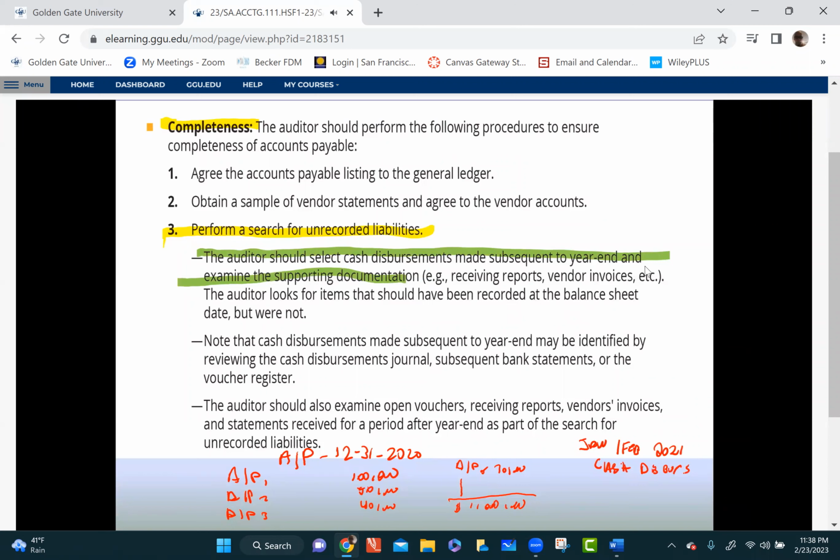Okay, that says cash disbursements. And I'll have cash disbursement 1 for 100,000, cash disbursement 3 for 40,000, cash disbursement 5, a cash disbursement for an account payable for 70,000.